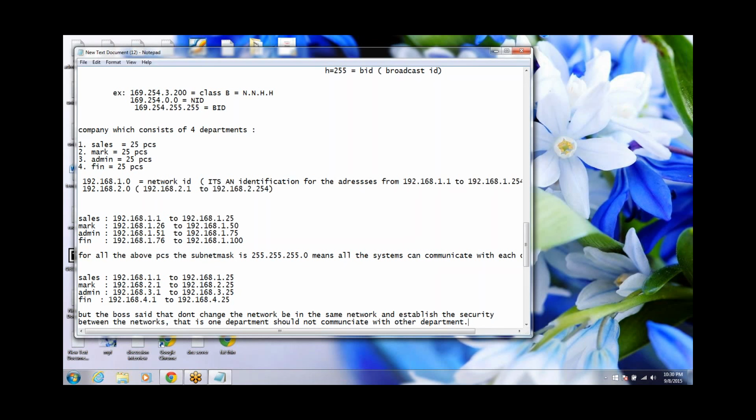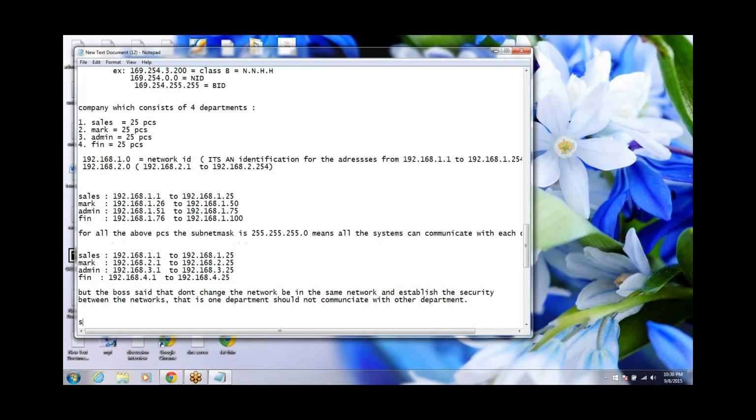For this, we use a concept called subnetting. What does subnetting mean?